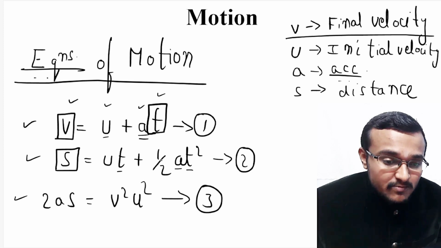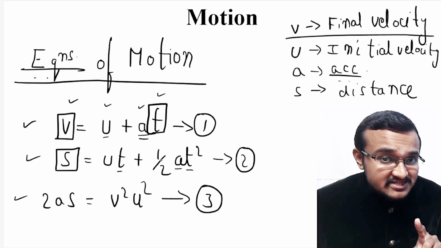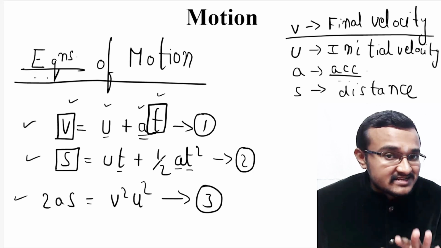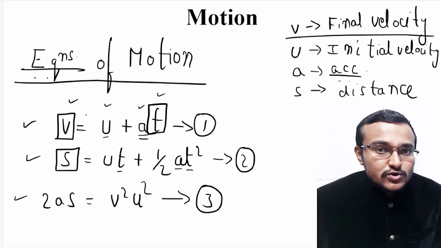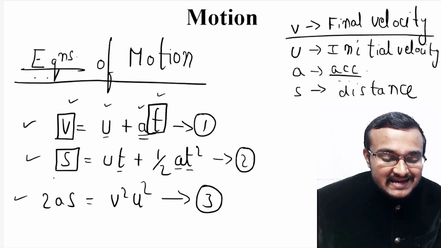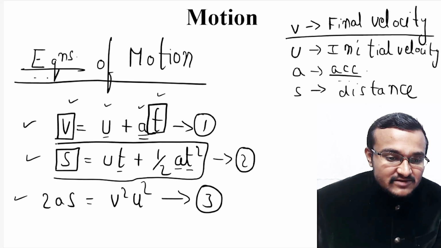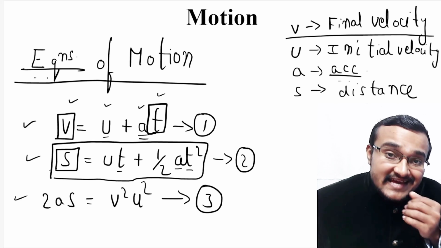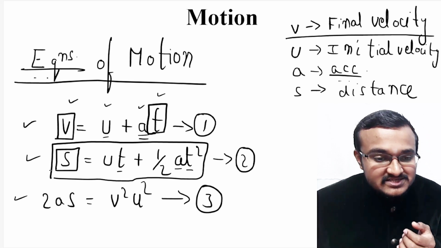For example, if a problem asks you to calculate the total distance, they have not given the final velocity, but they have given the initial velocity and acceleration. Even though you don't have the final velocity, you can calculate the distance covered, because in this second equation, final velocity is eliminated. So final velocity is not required in calculating the total distance traveled.